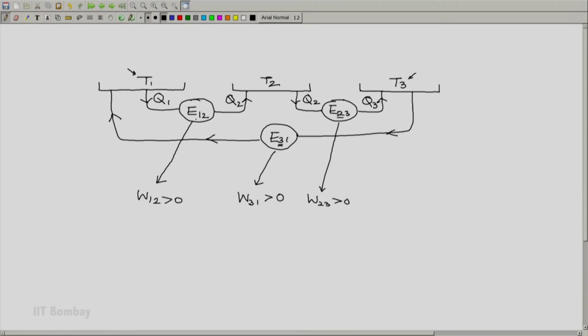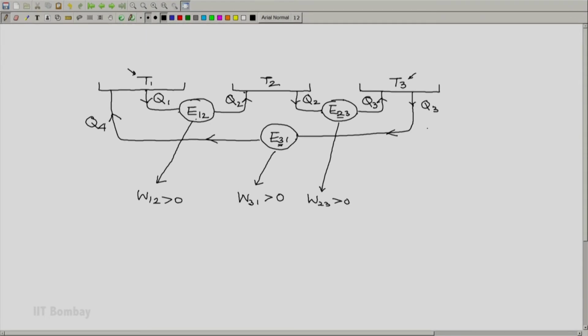And let us adjust this engine E31 such that it absorbs Q3 from the reservoir at T3 and rejects, say, Q4 to the reservoir at T1. So the heat flow rates are Q1 from T1 to E12, Q2 from E12 to T2 and then to E23, and Q3 from E23 to T3 and then to E31, and finally Q4 from E31 to the reservoir at T1.